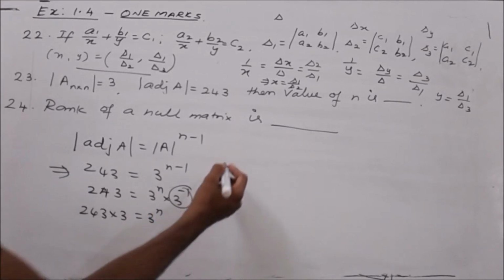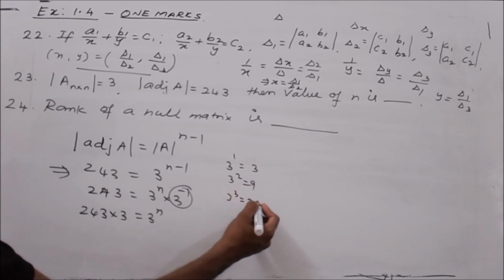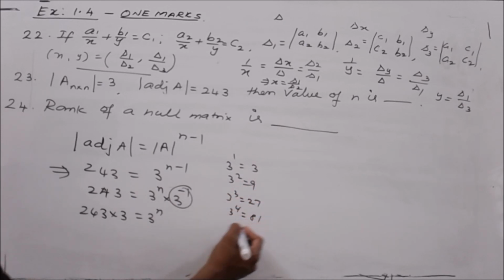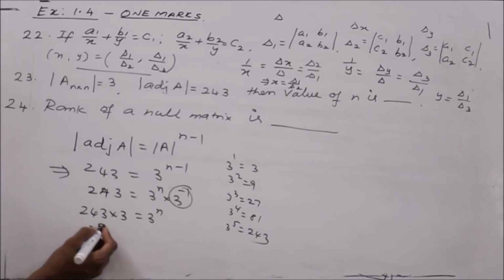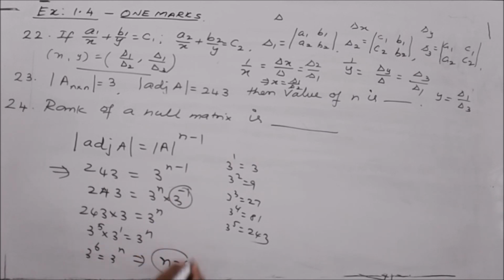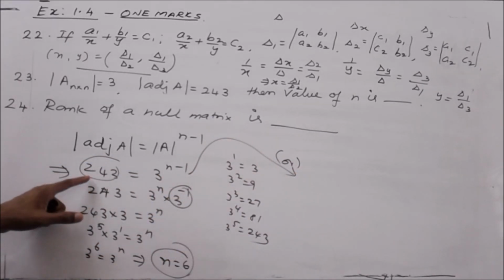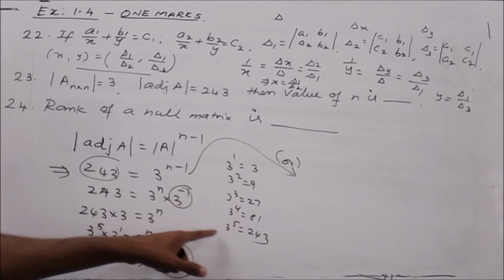Now 3 power 1 is 3, 3 power 2 is 9, 3 power 3 is 27, 3 power 4 is 81, 3 power 5 is 243. So 3 power 5 into 3 power 1 equal to 3 power n. So 3 power 6 is equal to 3 power n, which means n equal to 6. Or we can go this way: convert 243 into power of 3, that means 243 equal to 3 power 5.